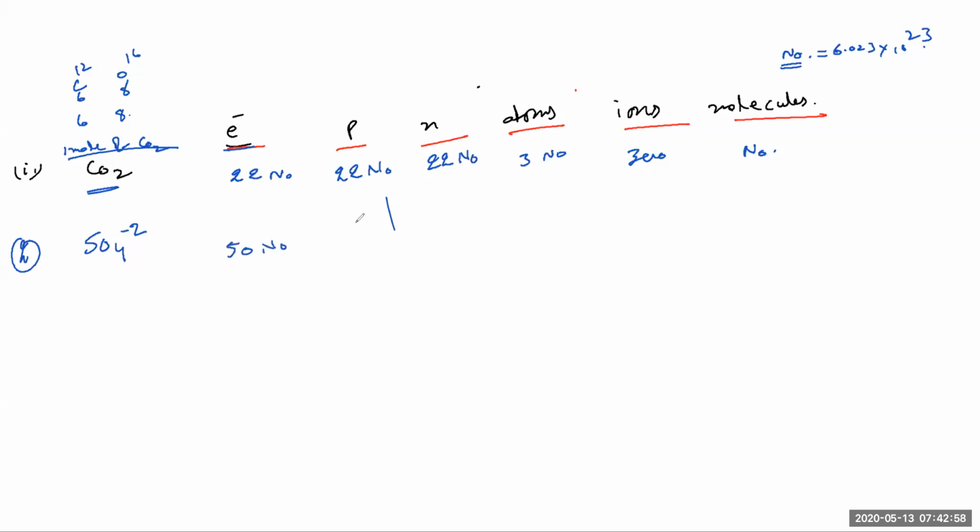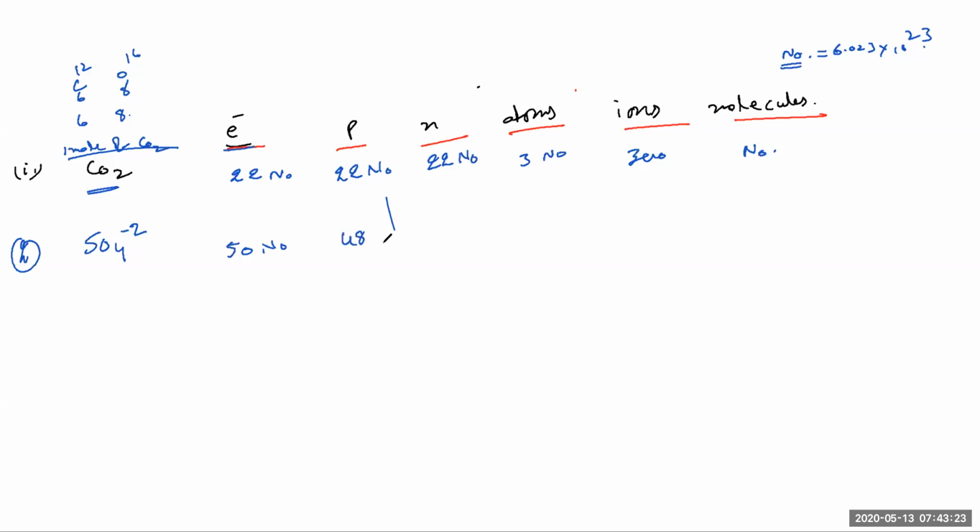Next, protons. Protons means equal to atomic number, 16 plus 32, that is 48 only.